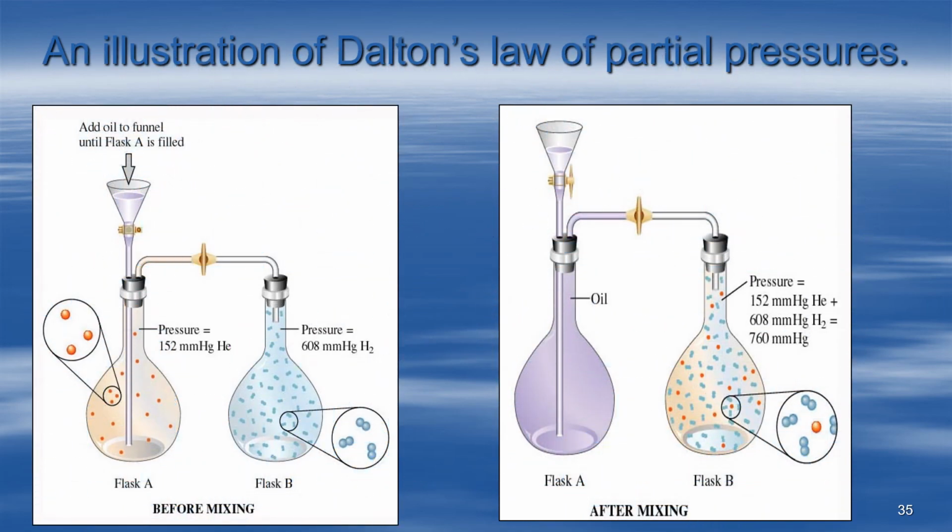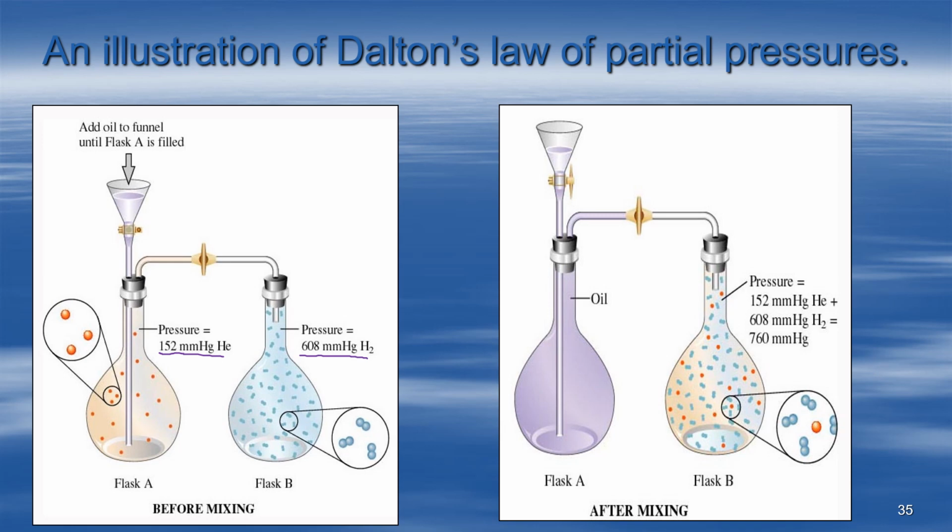So here's just another example. Here we have flask A with some helium in it, and the helium is 152 millimeters of mercury. And here's another container with 608 millimeters of mercury of hydrogen. Then they add oil to this funnel, filling it up, and because it's sealed, all the gas molecules go through the tube and into this container.